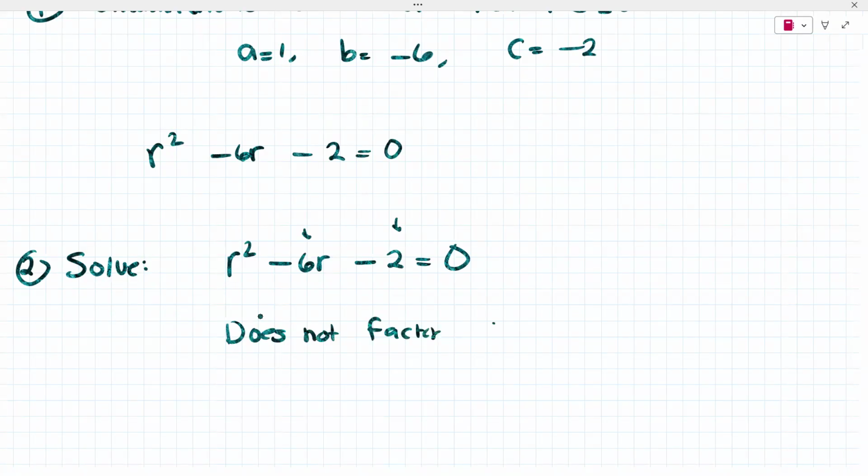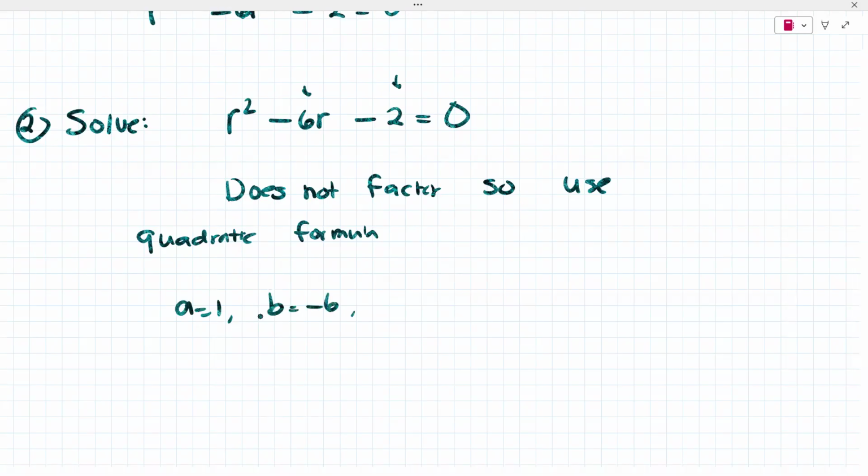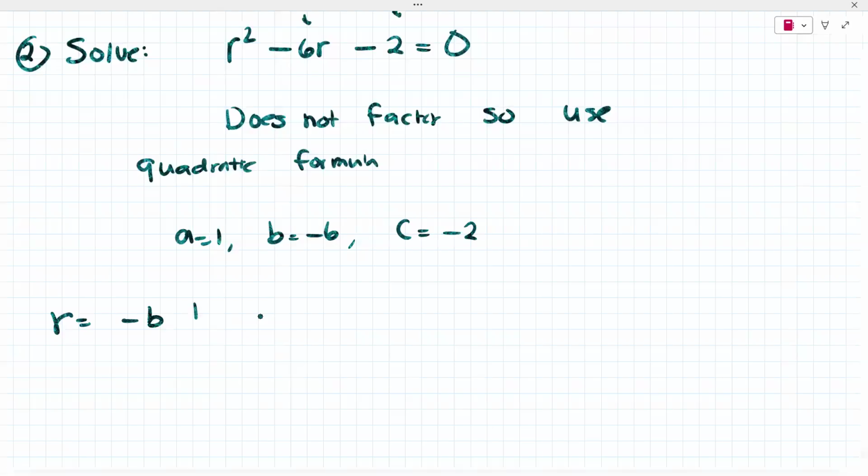So use the quadratic formula. Okay, so what's our a, b, and c? My a is 1, my b is negative 6, and my c is negative 2. So it's going to be r equals negative b plus or minus, so this is the quadratic formula, if you recall.